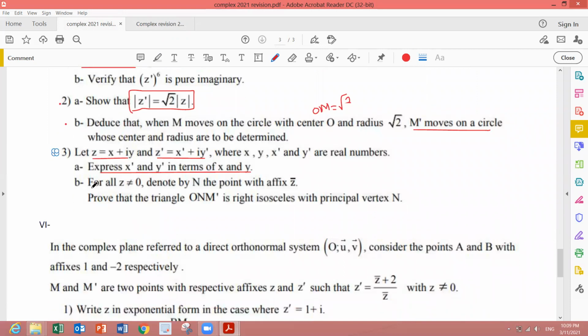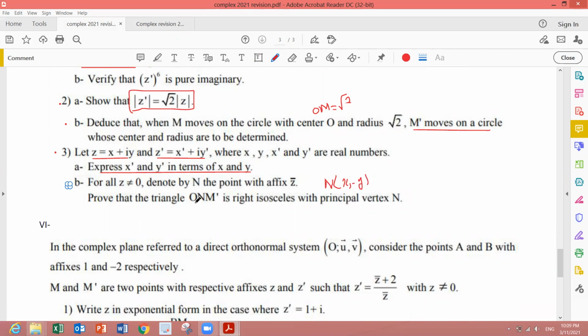For all z different from 0, N is a point of affix z bar, so N has coordinates x, minus y.